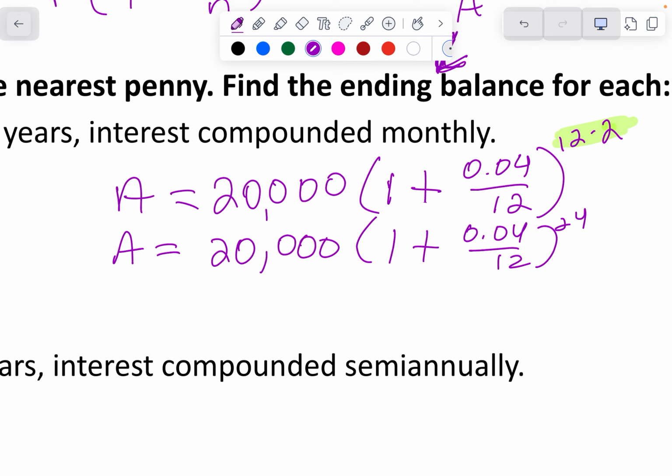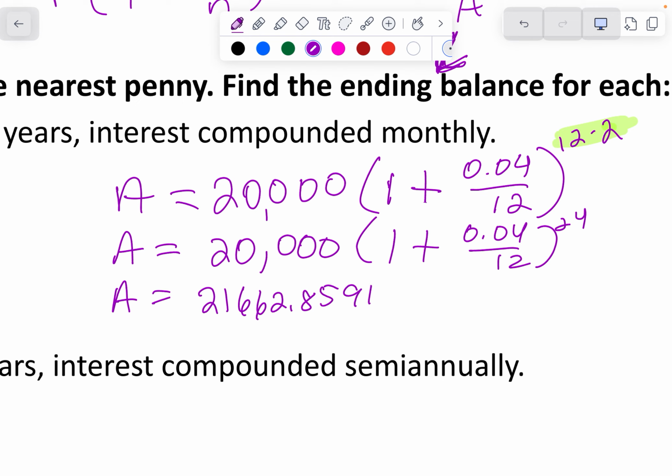Now at this point, you can put the whole thing into your calculator. You can do 20,000, hit the times and then the parenthesis, or if the 20,000 is backed up against the parenthesis, your calculator is going to believe that's multiplication, which it is. And then you have to do 1 plus 0.04 divided by 12. End your parenthesis, put it to a power of 24. And so the number you get is funky.